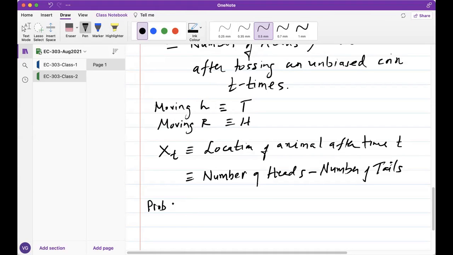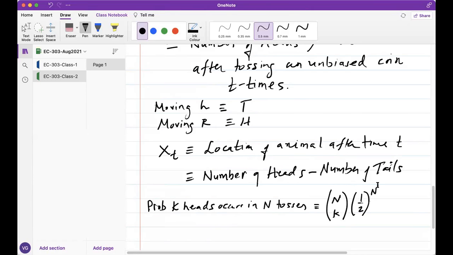The probability that k heads occur in n tosses. What would that be? That's actually n choose k times half power n. Is that right?